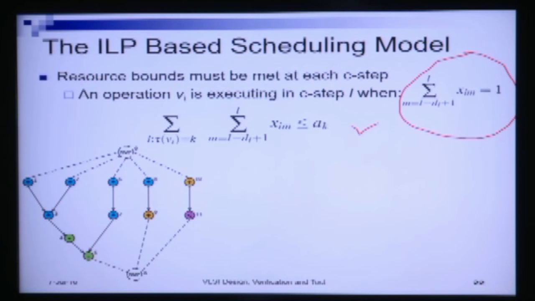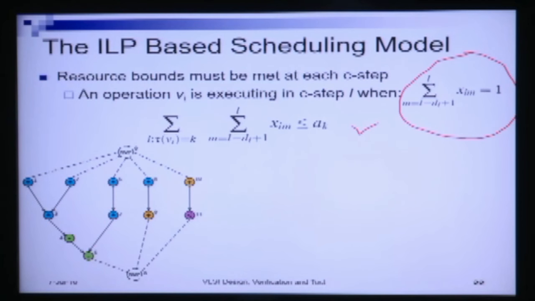What do we represent as the constraint here? If we have ak resources of type k, we cannot schedule more than ak operations that need this resource type at any given time step, right?